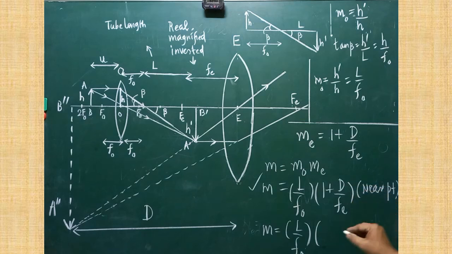D by FE. Therefore, D by FE must be written. Are you clear? So this is the formula to be used to calculate the magnification in the case of normal focusing. So there are two formulae to calculate the magnification in the case of compound microscope. One is in the case of near point focusing and another one is in the case of normal focusing. Two formulae are there. Are you clear?